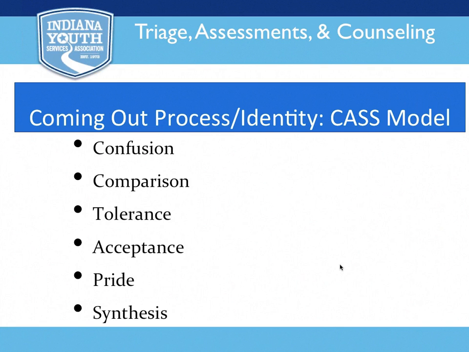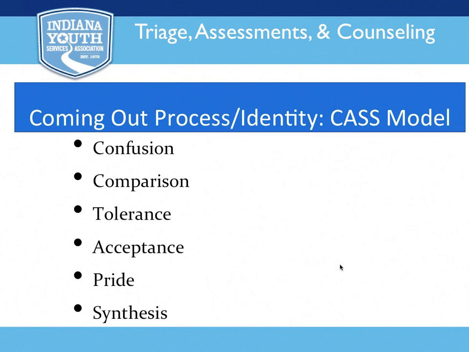Then they reach a point in which they think, okay, I feel a little bit different. So tolerance, which is different than acceptance, is the first step, but then acceptance, then pride, and synthesis. So these are all very much internal. Other theories look at external behaviors, such as: are they self-disclosing?